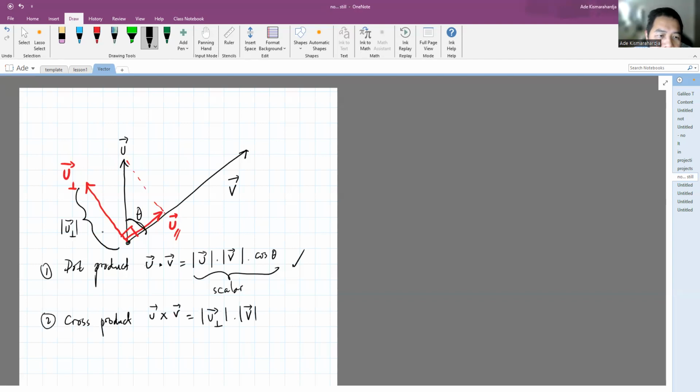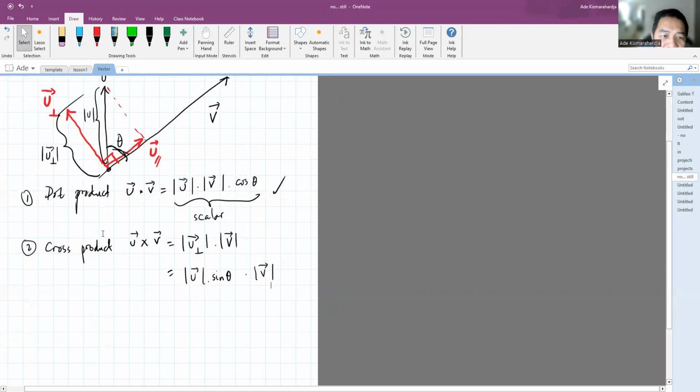If we have an angle here and also the length of U, we know from trigonometry that the component perpendicular here is the magnitude of U times sine theta, and then times the magnitude of V. So essentially, when you do a cross product, what you get is the magnitude of U times the magnitude of V times sine theta.